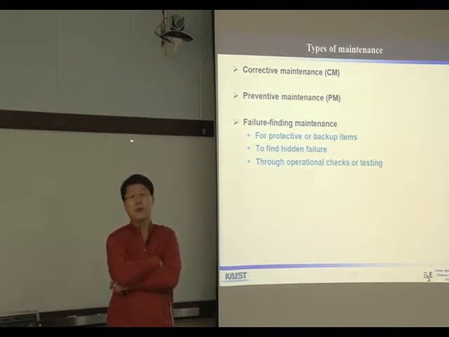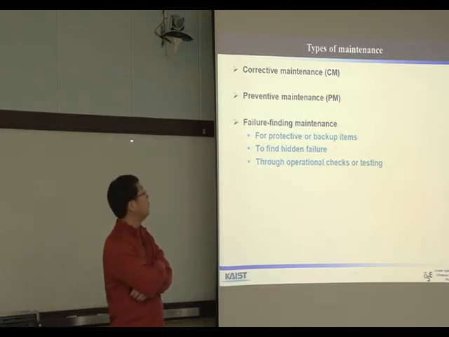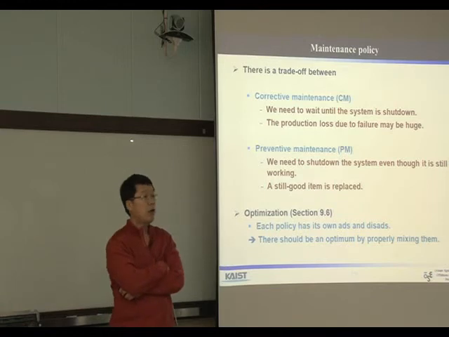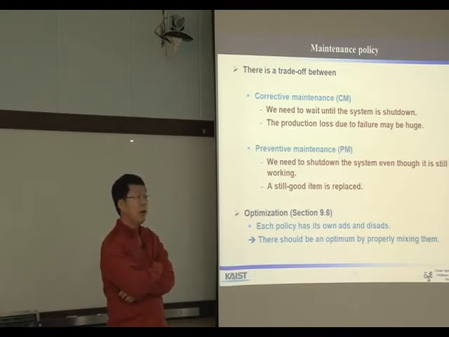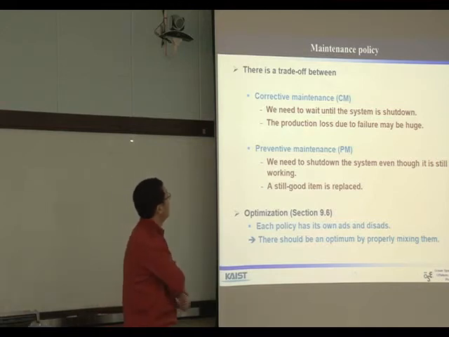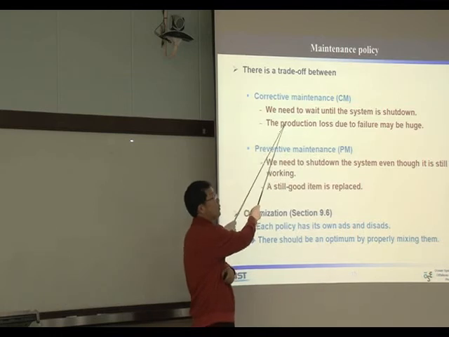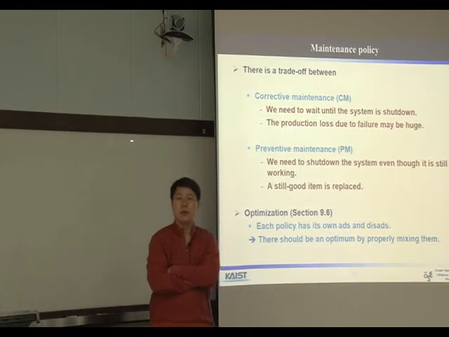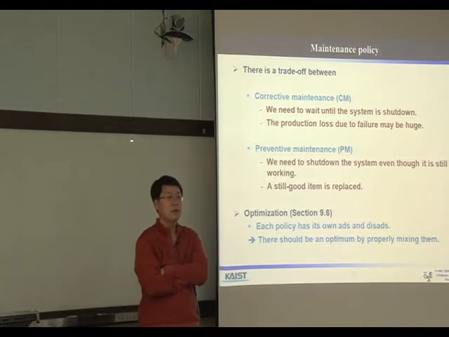So it is a really big job for offshore installations. There is a trade-off. You may expect corrective maintenance. One disadvantage is that the production loss or the accident we should accept.